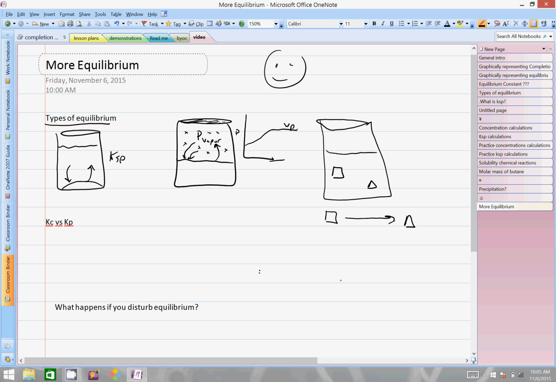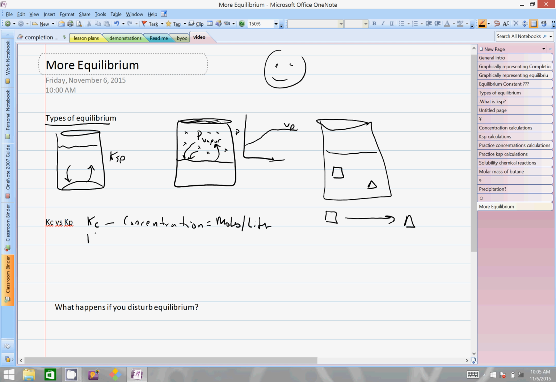These things could typically be dissolved, but could be gases as well. So we call this typical type of equilibrium Kc. C stands for concentrations. All concentrations will be in moles per liter.